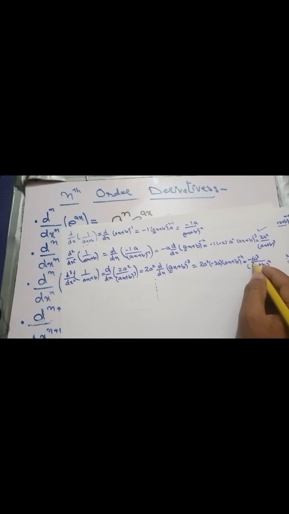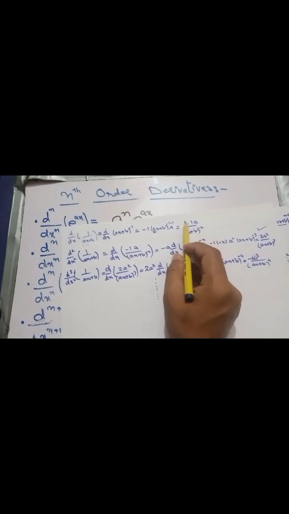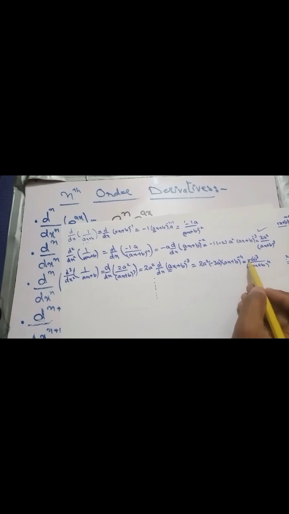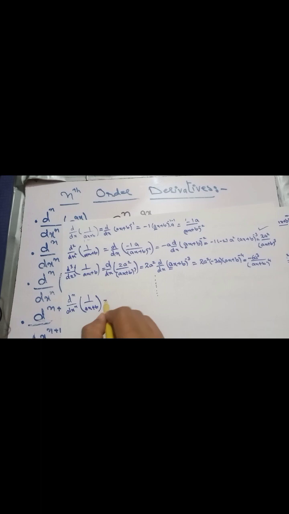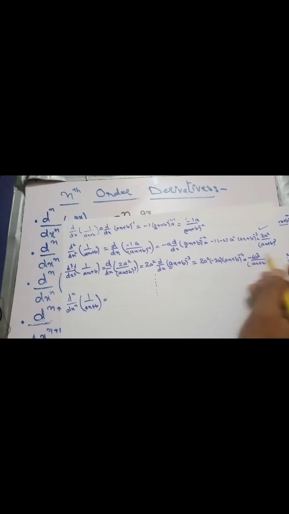Is there any pattern? When we take the first derivative there is minus, second derivative plus, third derivative minus. So it is an alternating function. When we find the nth derivative of this function, we observe that if there is a third derivative, a power 3, so a power n. Also in the fraction, for the third derivative here is power 4, so (ax plus b) whole power n plus 1.